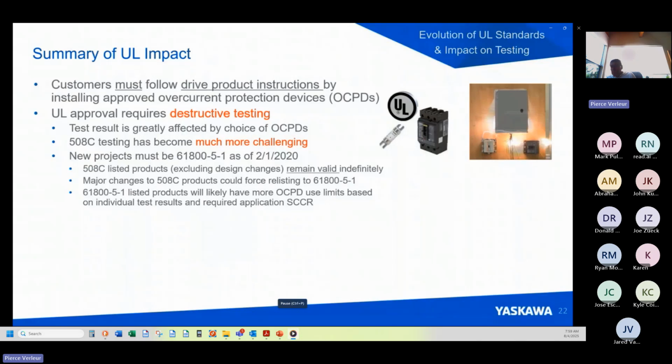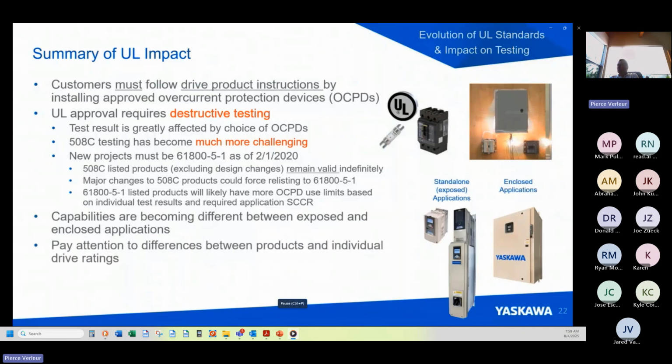And you also may see that Yaskawa pushes forward in getting what's presently listed as UL 508C relisted to 5-1, even though we are not absolutely required to do so. So anyways, to finish up with that, please pay attention to differences between products and individual drive ratings within a product.